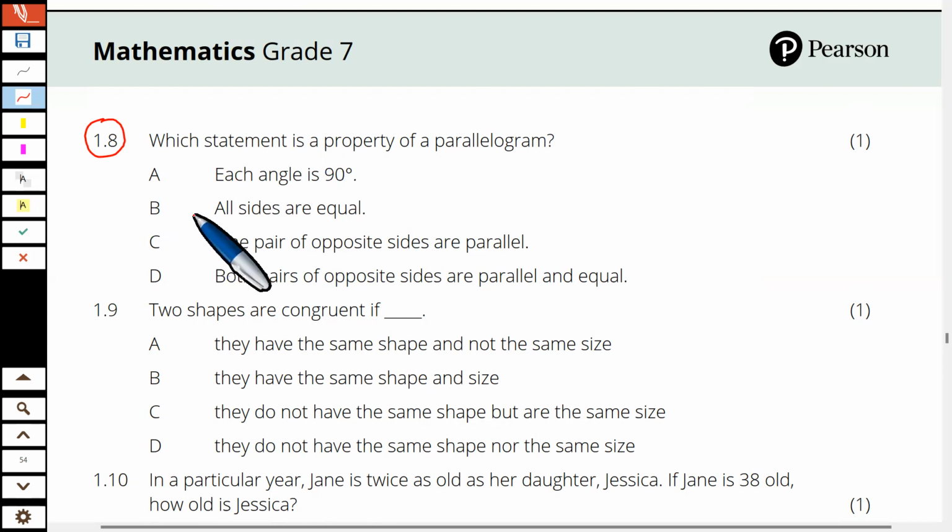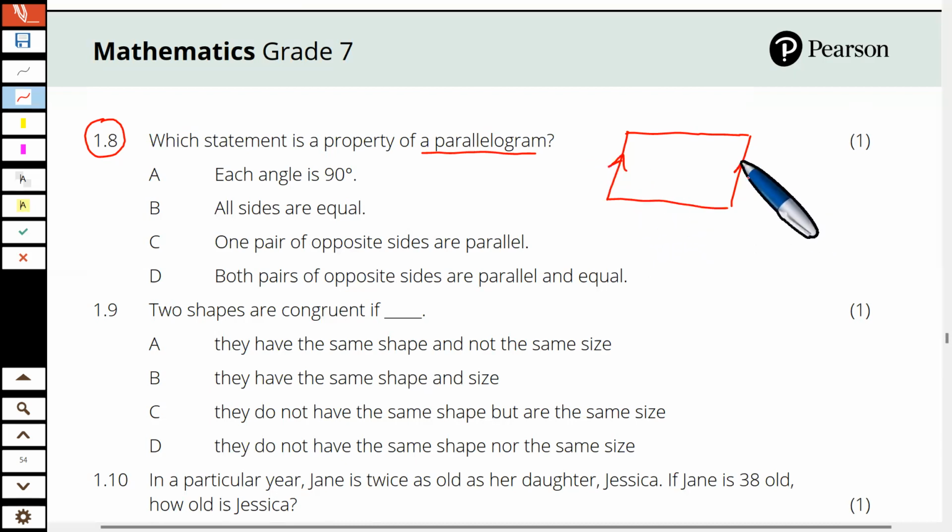Okay, but obviously we're saying which statement is a property of a parallelogram? Parallelogram means you have a shape like this. Is it both pairs of opposite sides are parallel and equal?